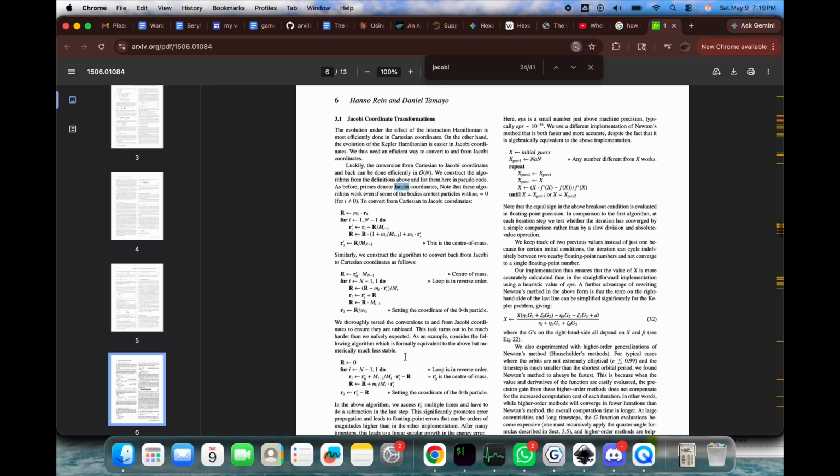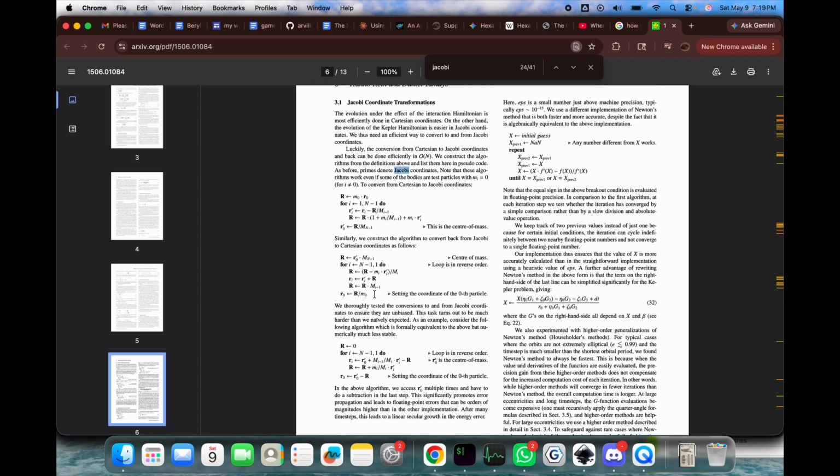What is this? This is a weird form of pseudocode that simultaneously looks like math and Python. This looks weird, but okay, let's examine this. Okay, this is the Cartesian to Jacobi.